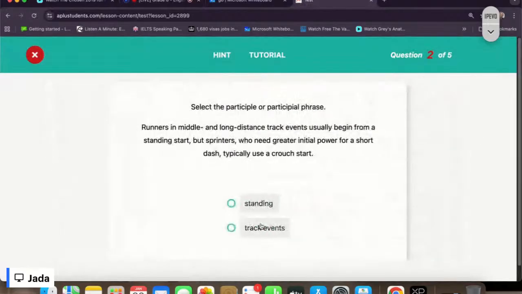Then select the participle or participle phrase. Runners in middle and long distance track events begin from a standing start, but sprinters who need greater initial power for a short dash typically use a crouch start. First or second?